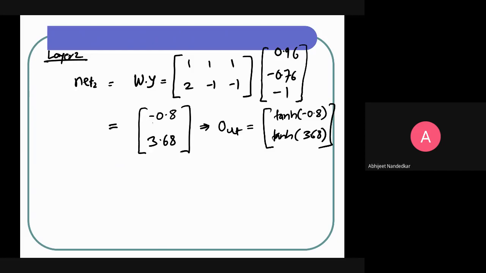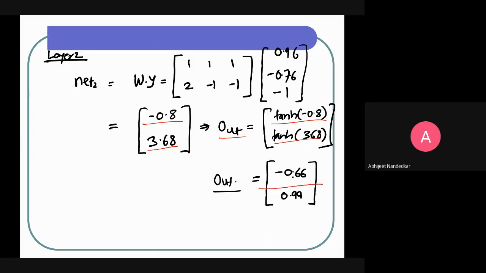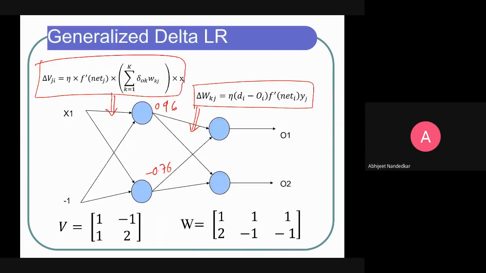So the net value for output neurons is this, and the output will be calculated when you pass these net values through tanh function. Remember, we are assuming tanh function as activation function for neurons. So the final output is -0.66 and 0.99.